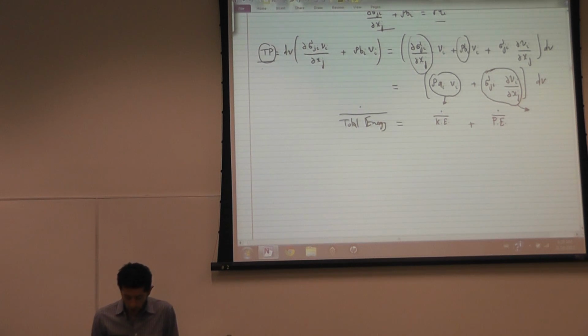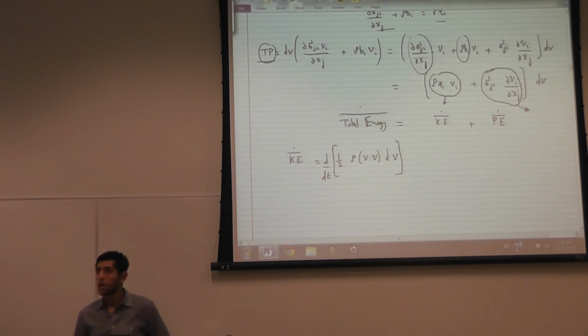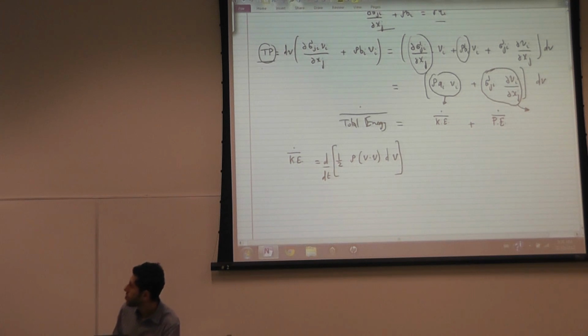So if the kinetic energy is equal to half rho V dot V integrated over the volume, kinetic energy dot is equal to d by dt of this. Now here everything is changing with respect to time.